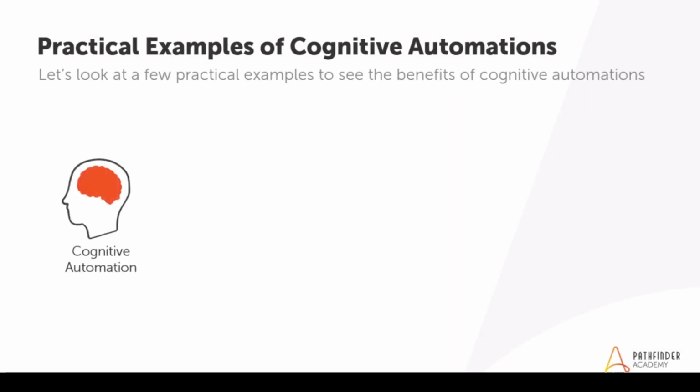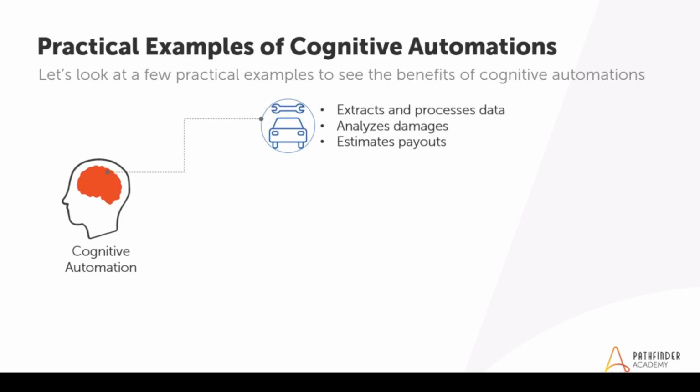The AI model processes this text, understands the intent, and generates a response like, "To reset your password, please follow these steps." Let's explore some real-world use cases to understand how cognitive automation benefits different industries.